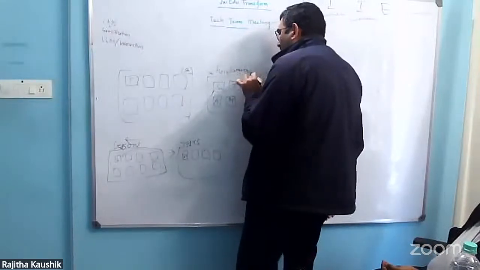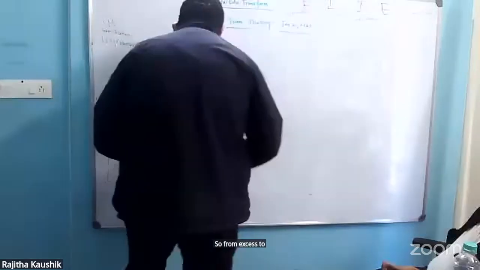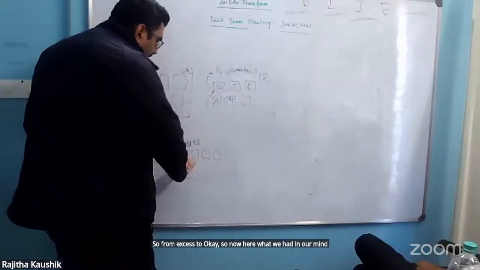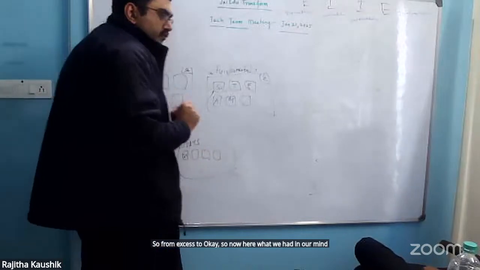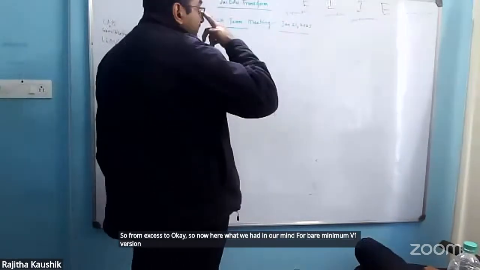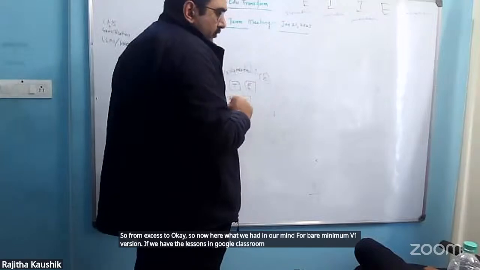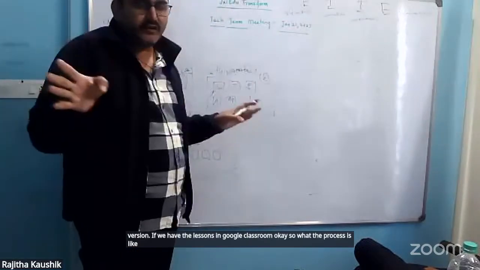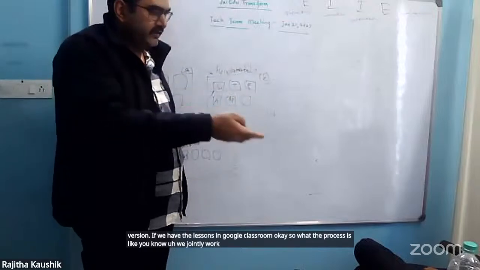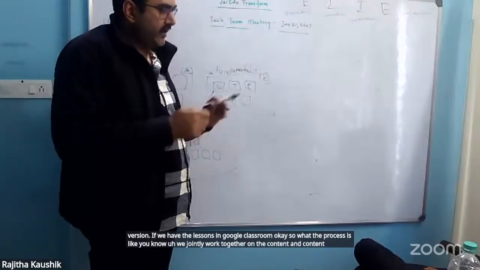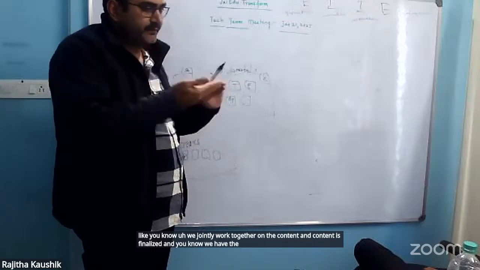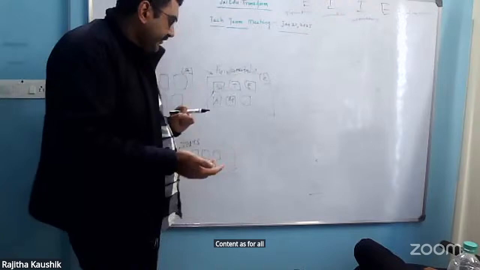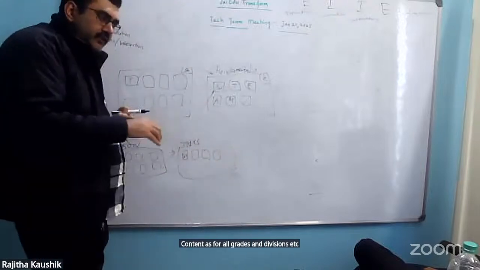So now here, what we had in our mind for the bare minimum V1 version is that we have the lessons in Google Classroom. So the process is like, we jointly work together on the content and the content is finalized, and we have the content as per all the grades and divisions. We feed them into Google Classroom.